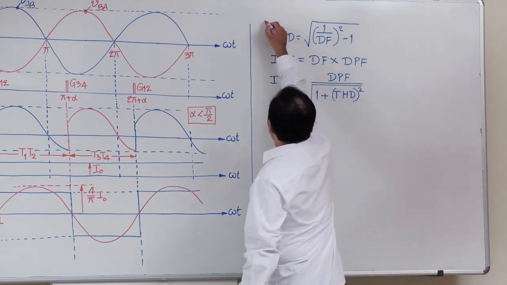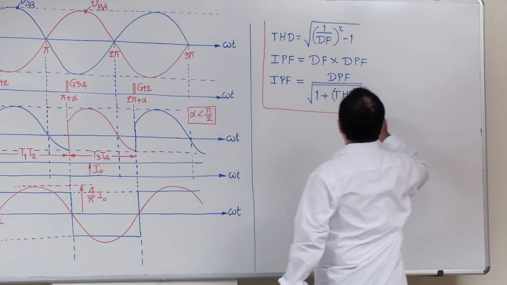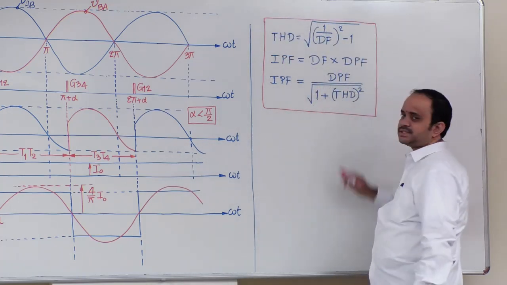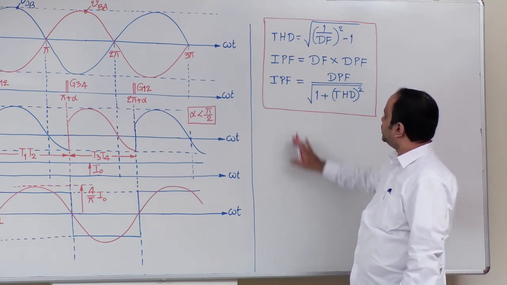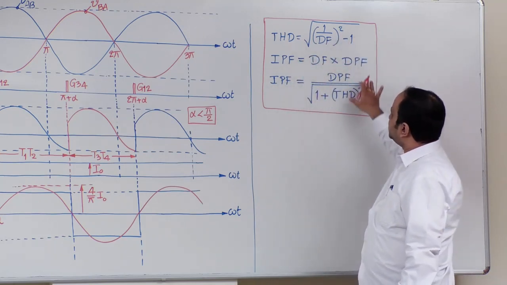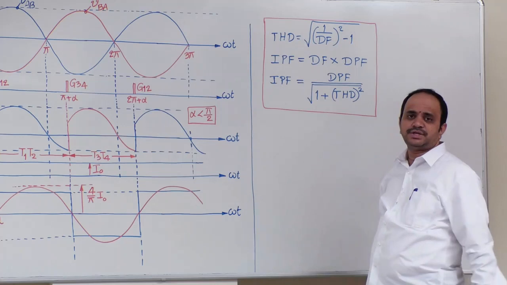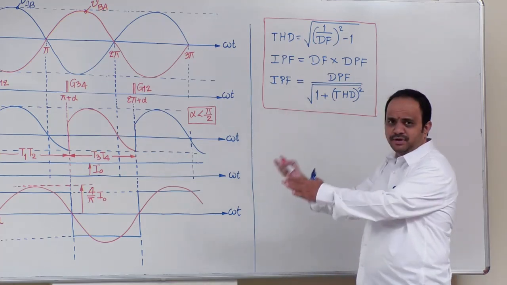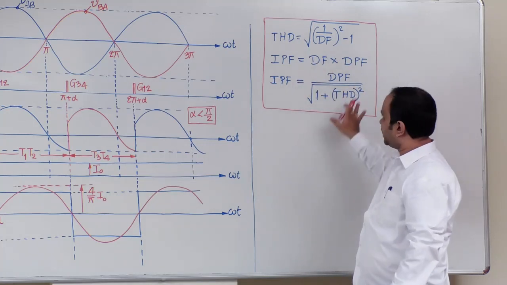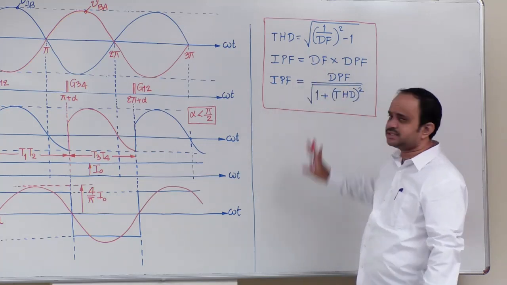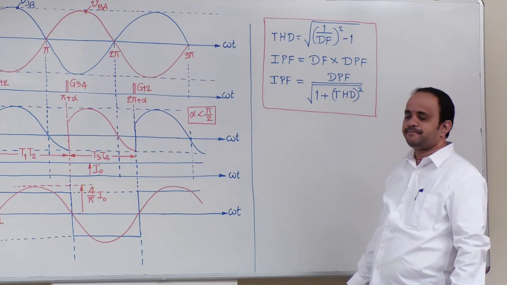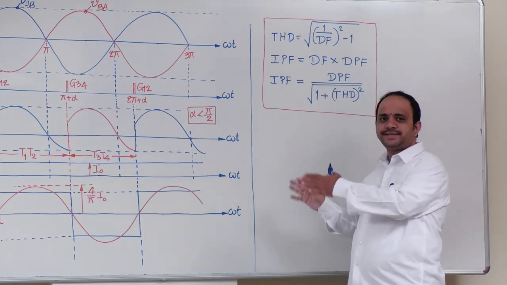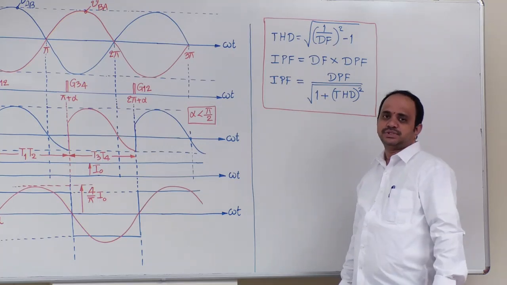These are important relationships, and they apply not only to the full converter but to rectifier circuits in general. All of these formulas are based on the source current.